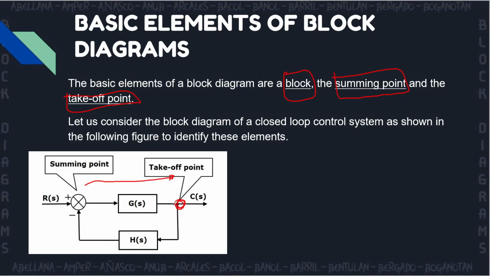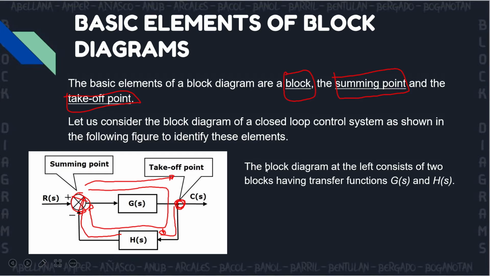This takeoff point will carry the same signal that will be carried down here, and the signal will go up to this summing point. So the signal will go to this summing point, and the summing point will go from here to here, making it a closed loop.